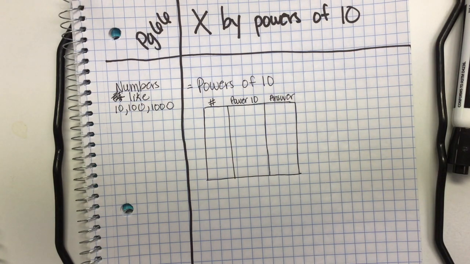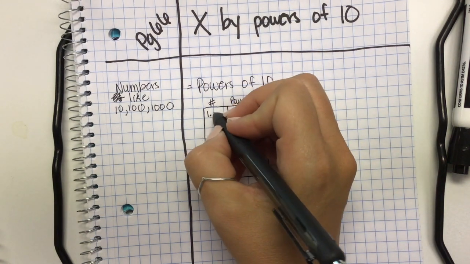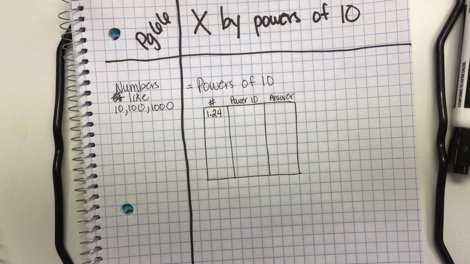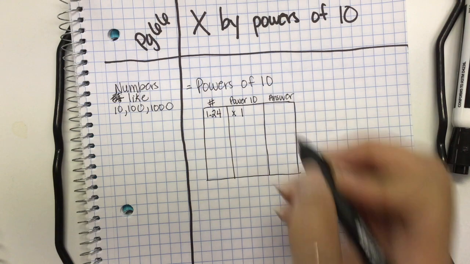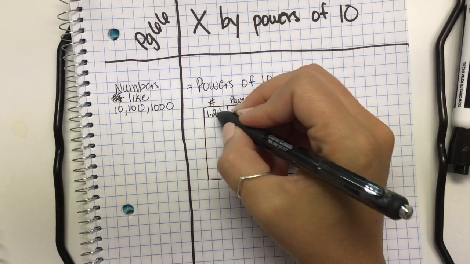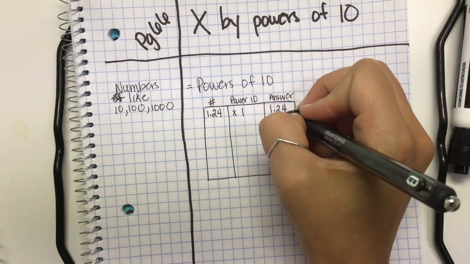So first number, let's say we have 1 and 24 hundredths. We multiply it by a power of 1.